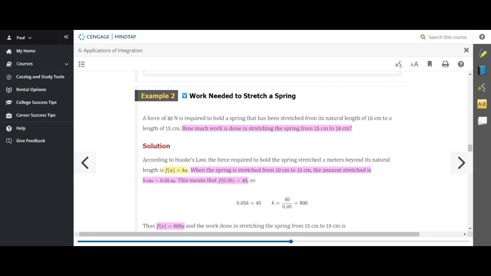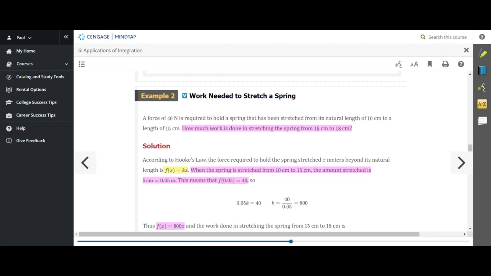Very good. So we need to find the spring constant K. I know that 0.05 times K is equal to 40, because 40 newtons is required to hold the spring stretched a distance of 0.05 meters.